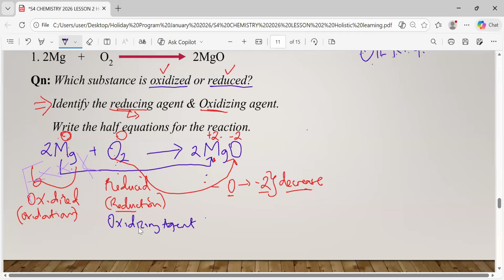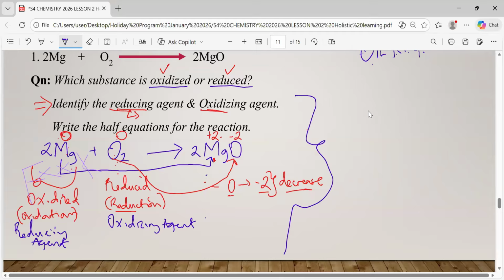Why? It is causing magnesium to undergo oxidation by gaining electrons from magnesium. While magnesium becomes a reducing what? A reducing agent. It is causing oxygen to be reduced by giving it some electrons. So that is how we can always simply analyze what a reducing agent is and what an oxidizing agent is.